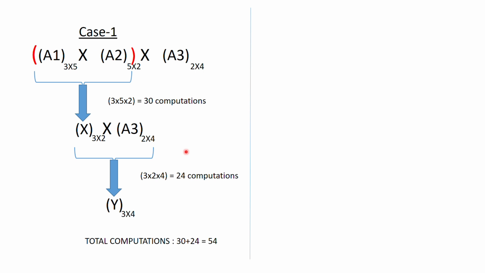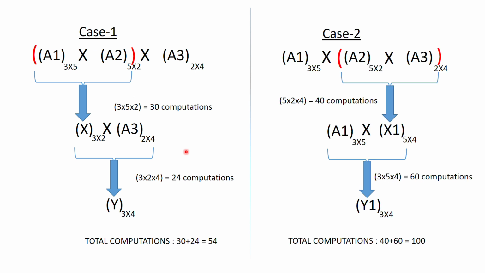So total computations will be 30 plus 24, 54. Now let's see for case 2. Here the first multiplication will take 40 computations and the last multiplication will take 60 computations. So total computation for case 2 is 40 plus 60, 100. So we can say case 1 is taking minimum time, almost half of case 2.